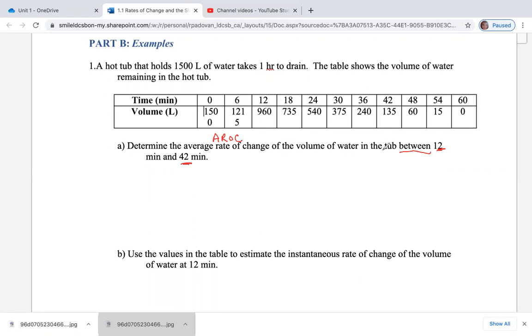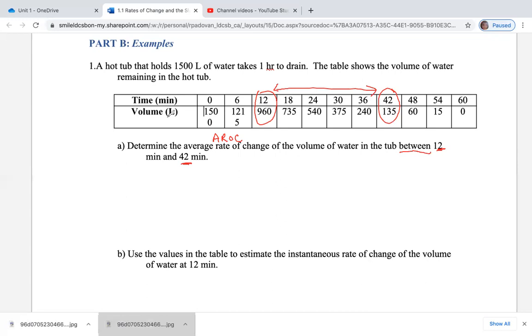The question also gives us a hint that we're working with 2 points because it has the word between. Between 12 minutes, so this number here, and 42 minutes. In this half hour, what is the average rate of change between those 2 points?